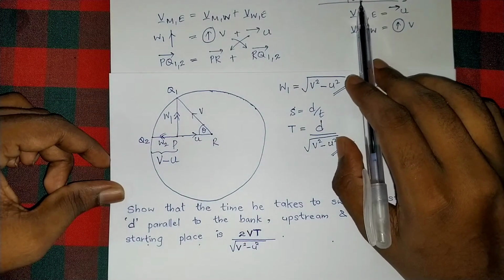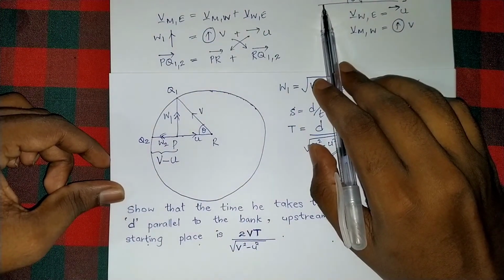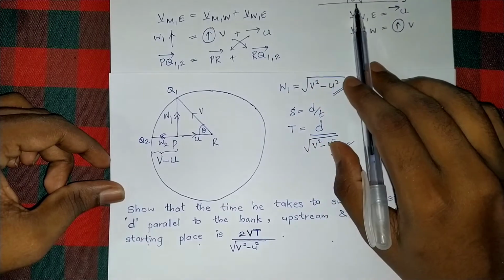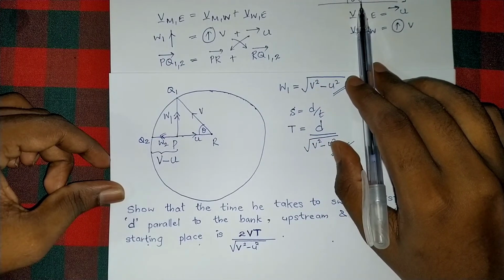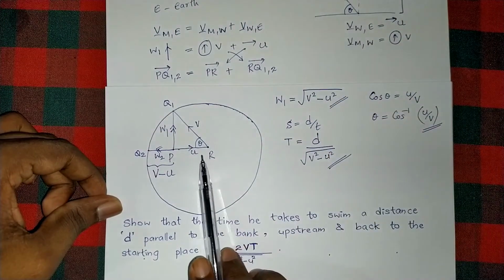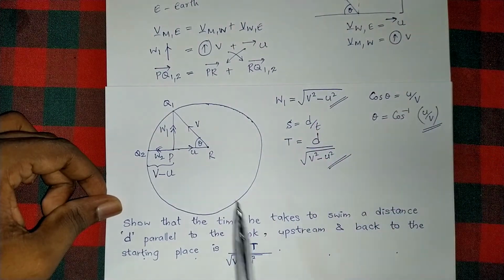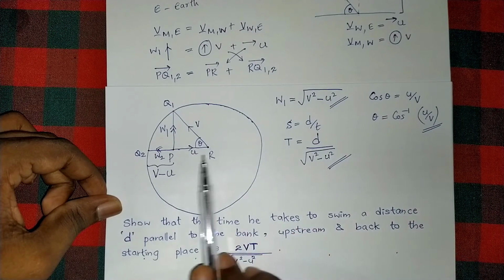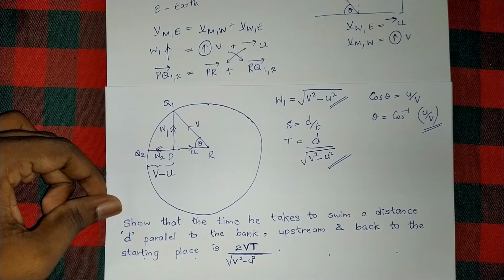Now after traveling a D distance, he is going to swim back to the starting point. So that is D distance backwards, that means horizontally right-hand side.